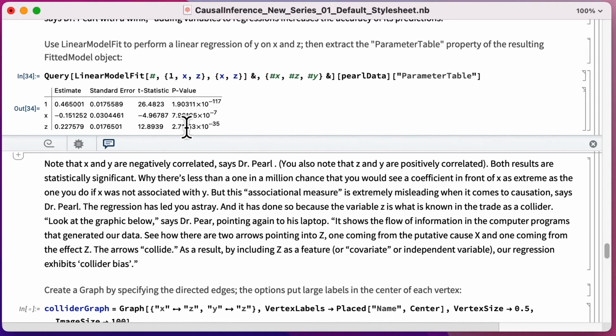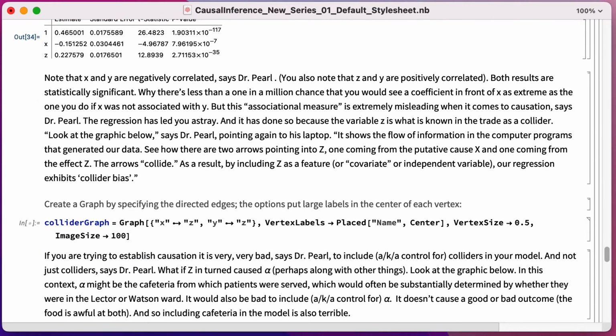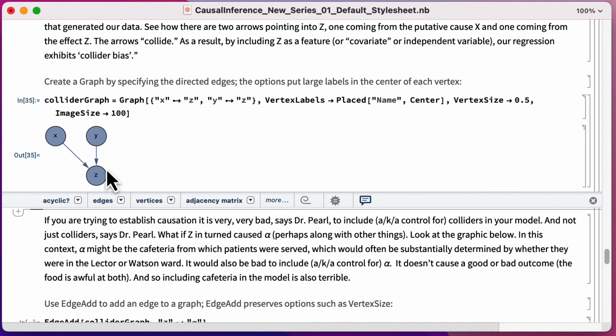And Dr. Pearl says he has an explanation. Let's look at it. What we're going to do is make a little causal graph where x is determining z and y is determining z. All right, there's our picture. Here's what Dr. Pearl says. If you look at z, you've got two arrows coming into it. It's colliding.